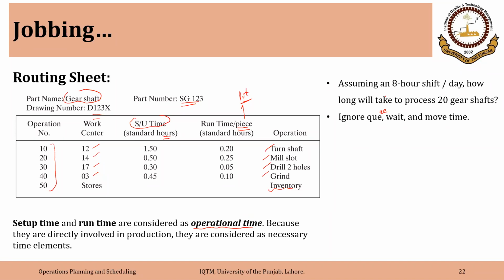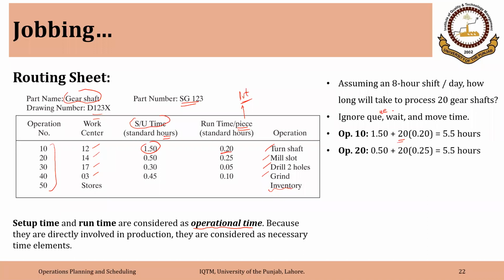Or in other words, what is the operational time that is required to make 20 gear shafts?